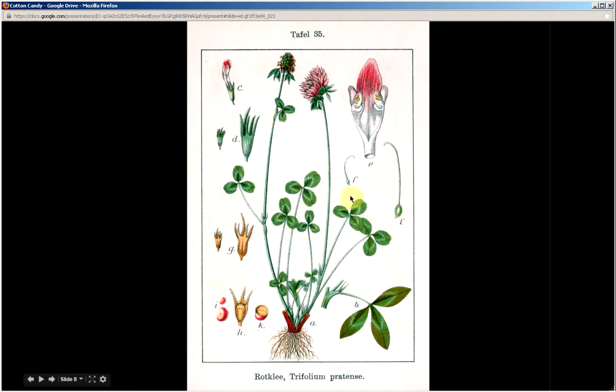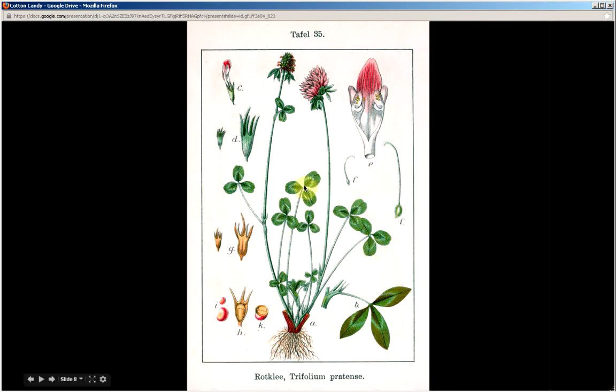Now each leaf has 3 leaflets, and this is an indication of the traditional clover leaf, 3 individual leaflets. The leaflets have veins which are very evidently green, or the veins are very obvious. They are striking. They are very evident within the leaflets.